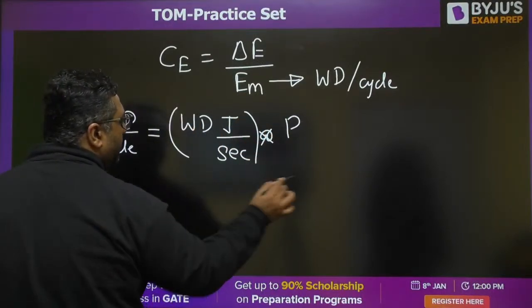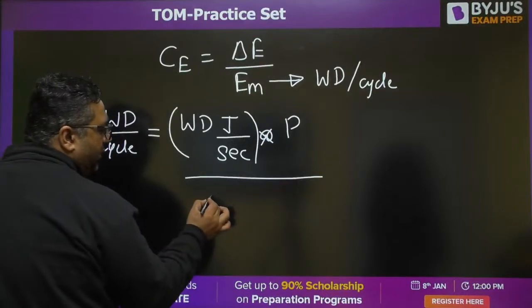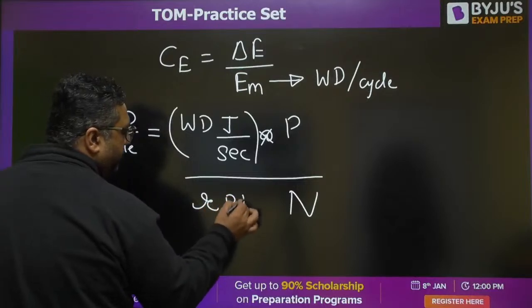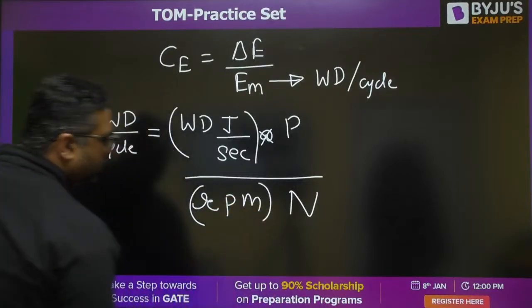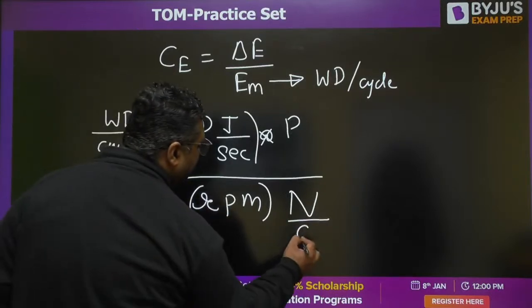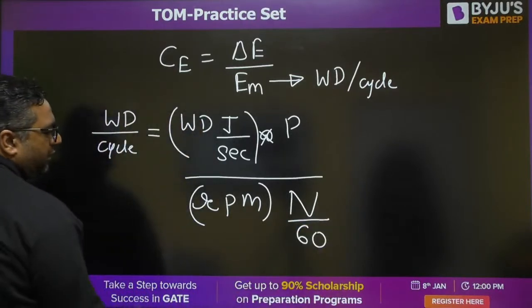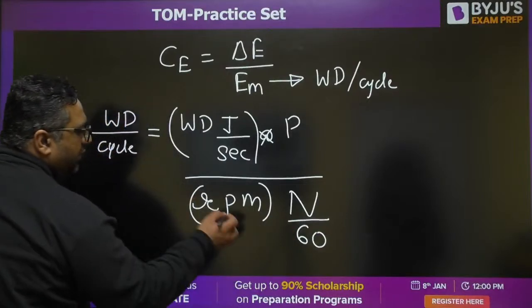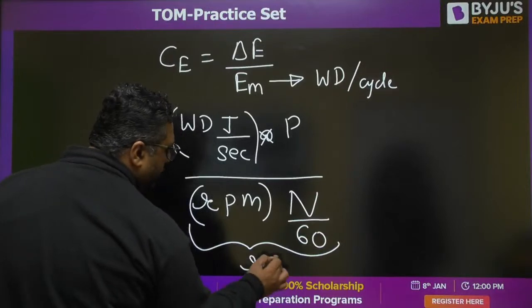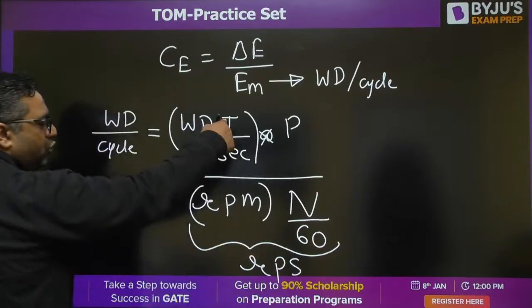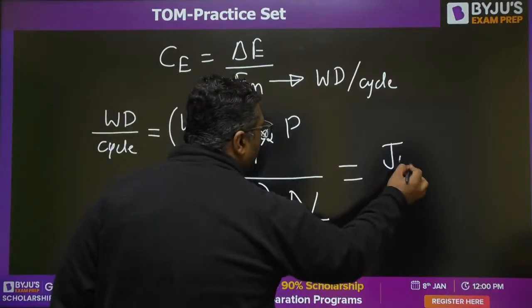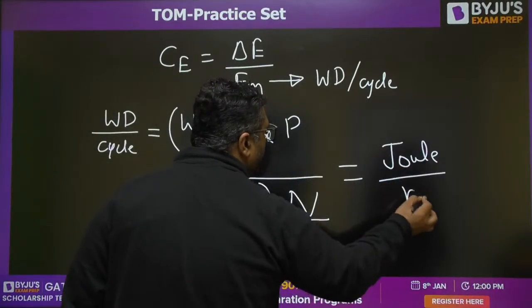If you divide it with N, which is RPM, revolution per minute, and if you want revolution per second, you have to divide it by 60. After dividing it with the 60, it becomes revolution per second. It is joule per second, so the answer comes out to be joule per revolution.